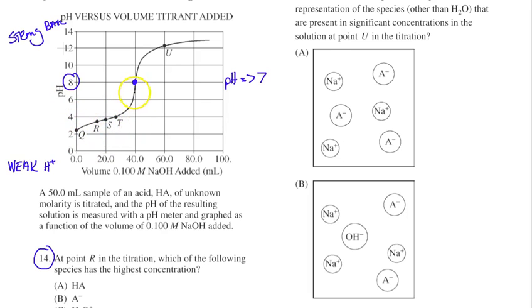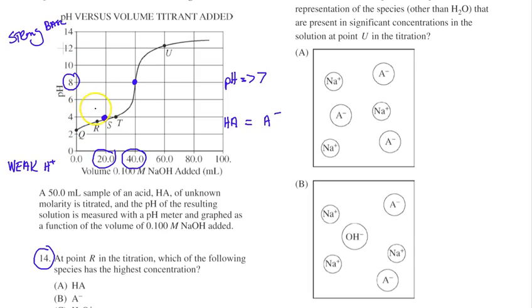And if this is my 40, my what? Equivalence volume, then 20 is going to be the volume at the max buffering position, where the conjugate acid, whatever that may be, HA, is equal to the conjugate base, because the base drove it into the halfway position.